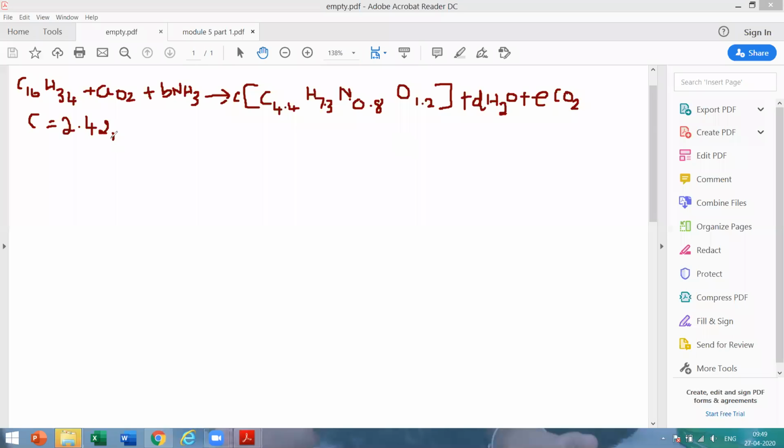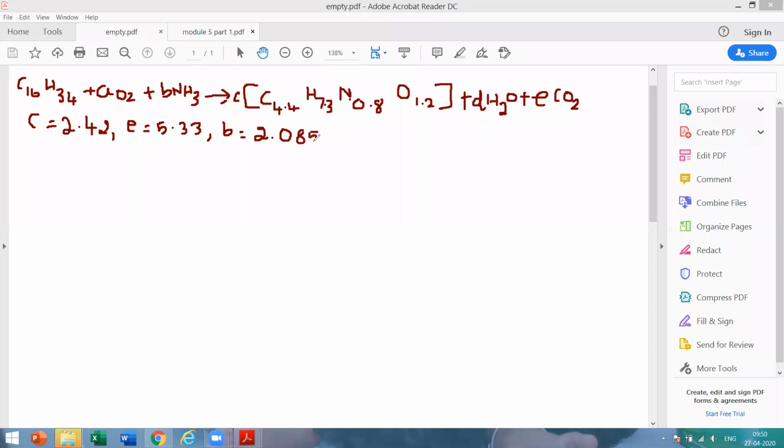And the next we have found E. E is equal to 5.33. And then B is equal to 2.085.